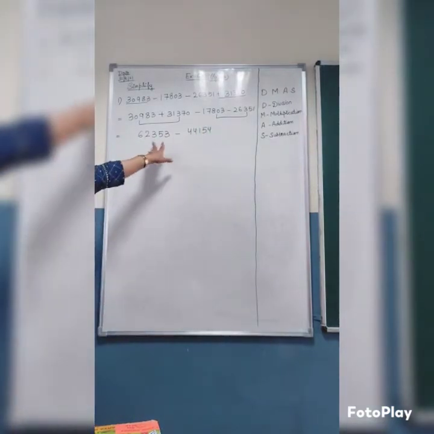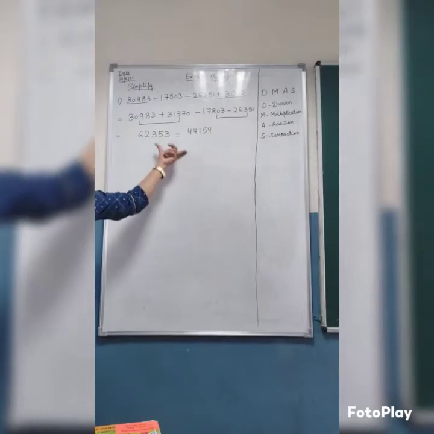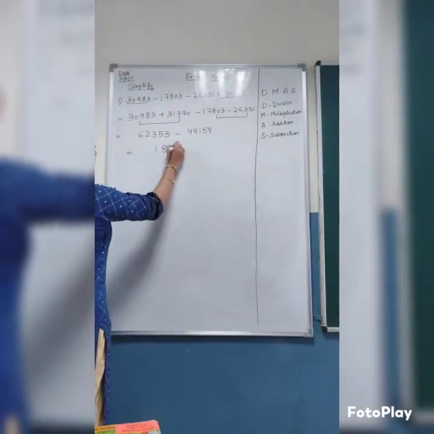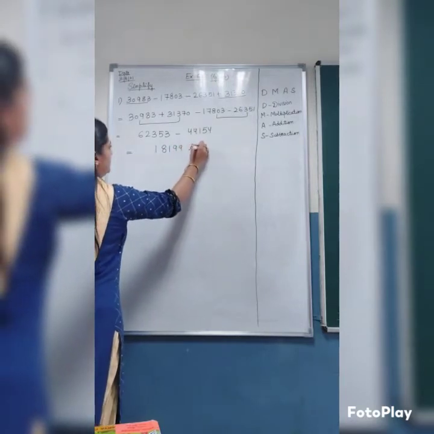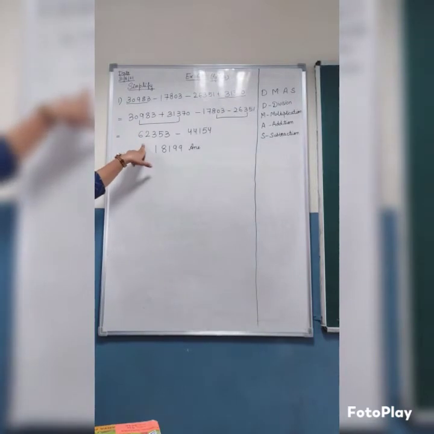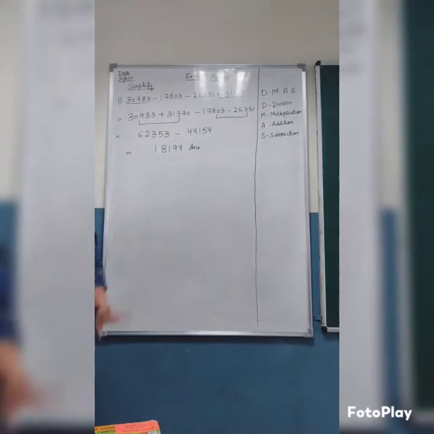Now we are left with two numbers and a minus sign. Subtracting both the numbers, we get 18,199. Clear? We have to add first, writing the answer, then subtract.